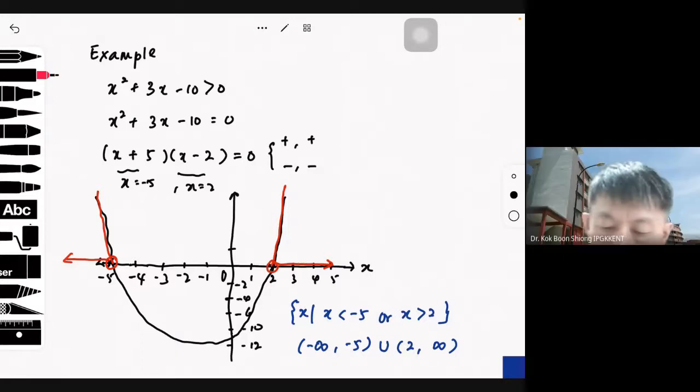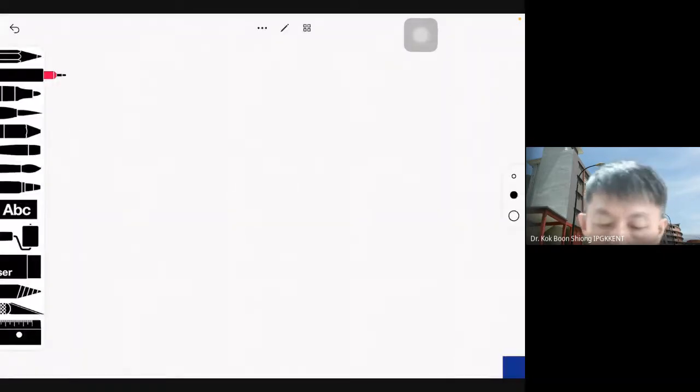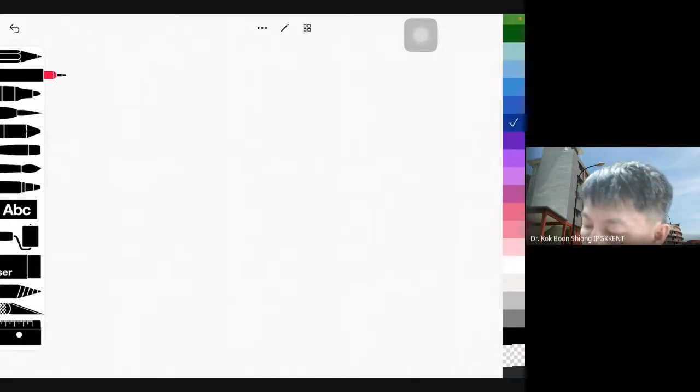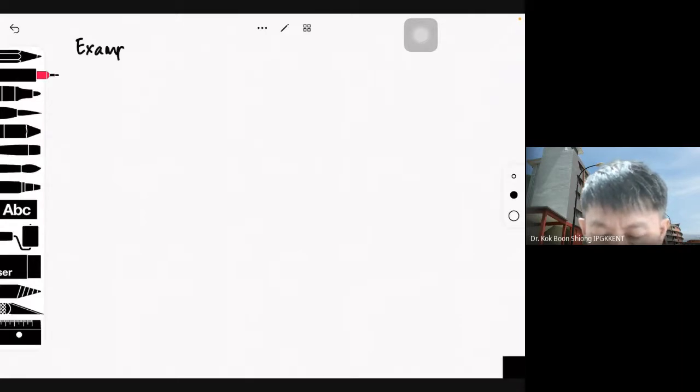If no questions, we go to the second example. This was the first example. Second example: x squared minus 2x smaller or equal to 2.